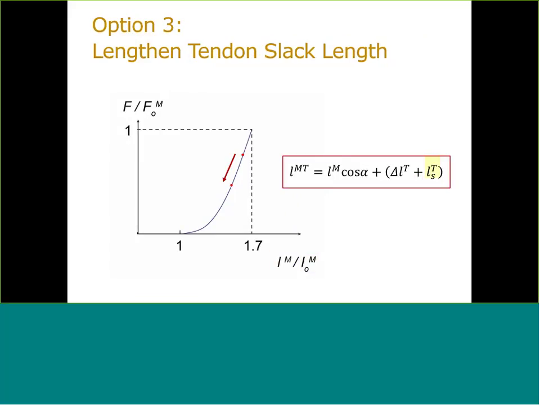The third and final option was to adjust tendon slack length. This tweak works similar to adjusting the optimal fiber length, but instead the absolute fiber length in the length equilibrium equation would be reduced. Because tendon slack length is not measured experimentally, but rather derived based on fiber lengths measured at the reference position, we ultimately chose to primarily adjust this parameter before considering the other two options.